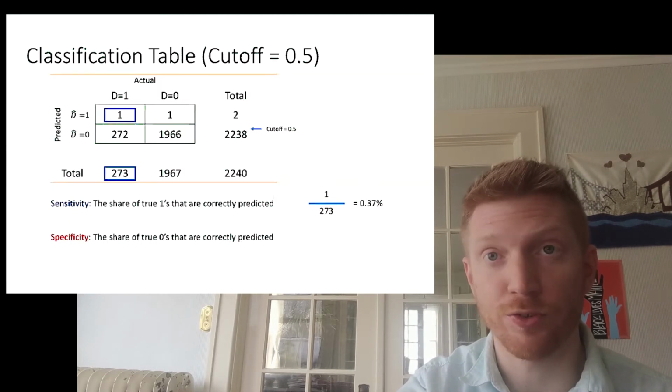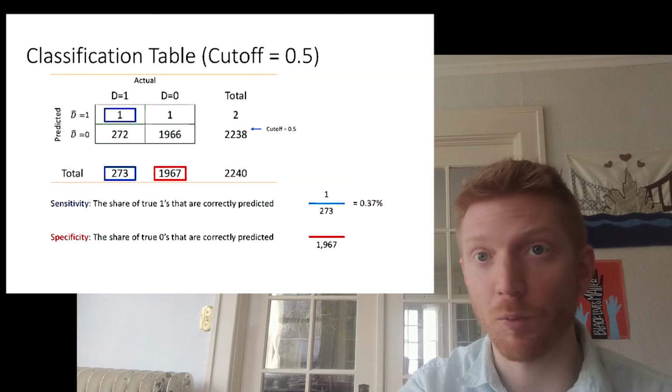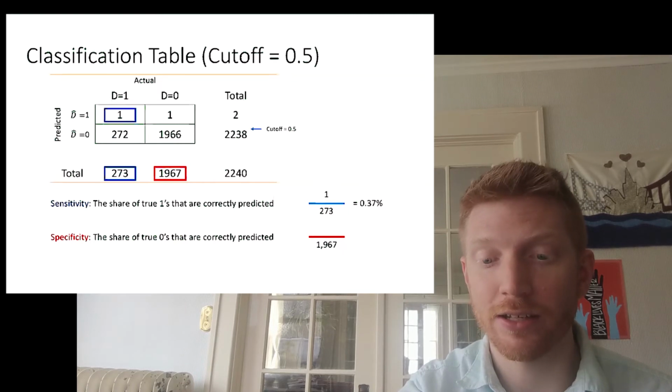Now let's talk about specificity. This is the share of true zeros. So our denominator is going to be 1,967. No matter what cutoff we use to classify our model, with this data set, our denominators will be the same. For sensitivity, it will be 273. For specificity, it will be 1,967. Of those, we've classified almost all of them correctly, 1,966.